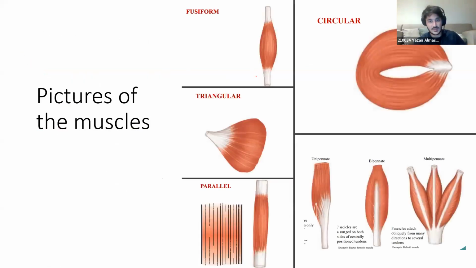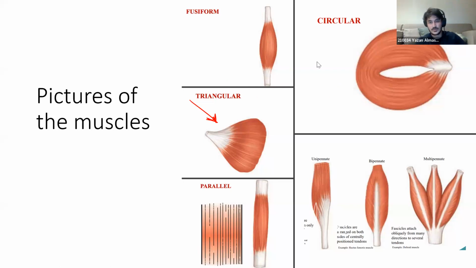So I also put the pictures. The way they might ask you, they will tell you, for example, this is a triangular muscle, right? They will tell you, name an example for this muscle. Pectoralis major, perfect. You guys get the point.